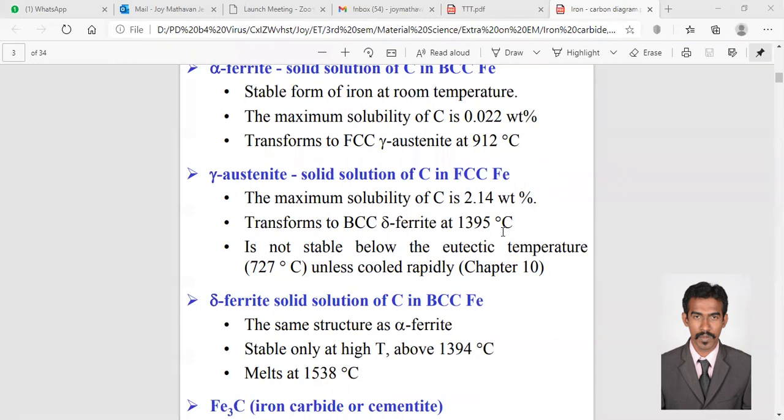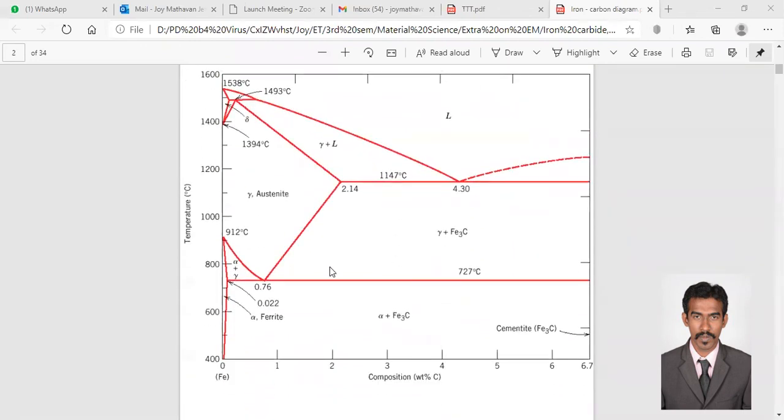It is not stable below the eutectoid temperature 727 unless cooled rapidly. So below this temperature, it is not stable unless you cool it rapidly.